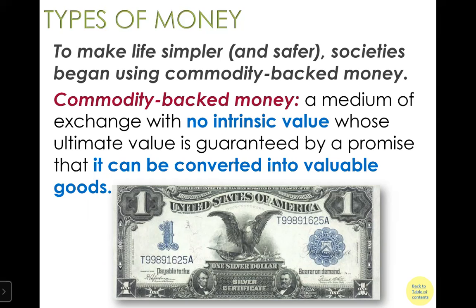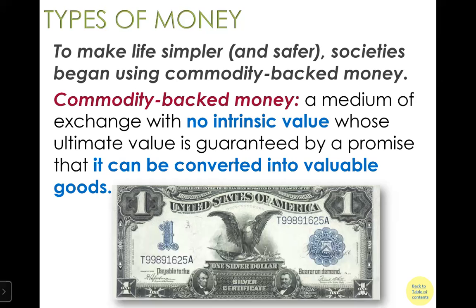So you just go to the counter of any bank as you wish, and the bank must give you a certain amount of silver. But silver itself has value. Silver itself is a commodity, right?